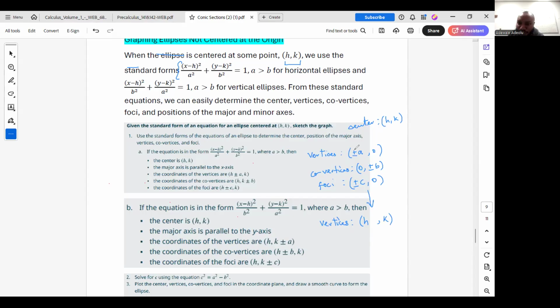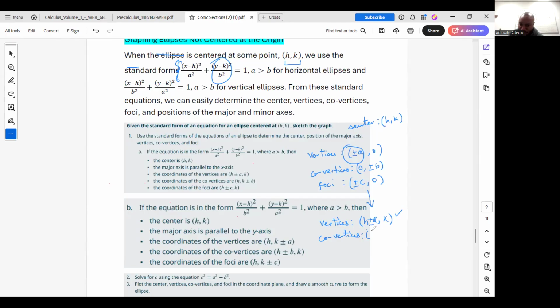Now, remember that because my vertices are along x, I just come here and say plus or minus a. So this will be my vertices when I have center h comma k. Co-vertices, same thing. In this case, they are along y.